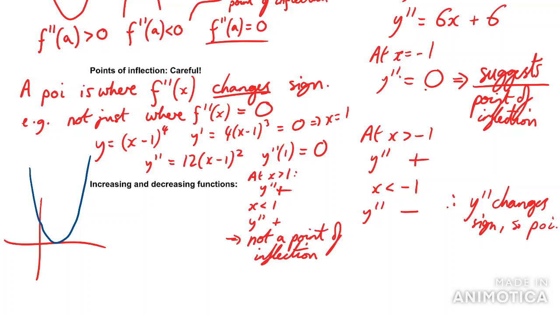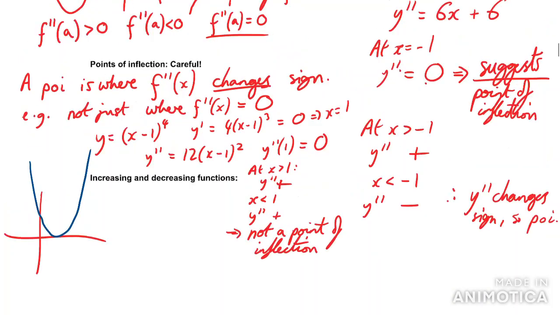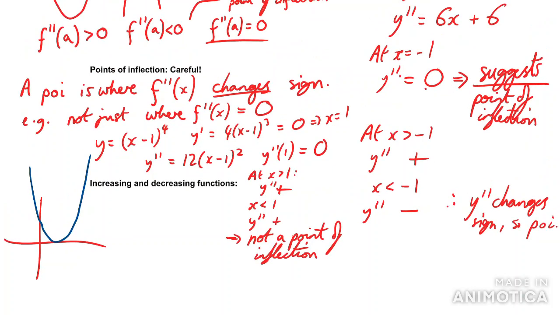The rule you have to follow when you think there might be a point of inflection is: if f dash dash changes sign, it's a point of inflection.